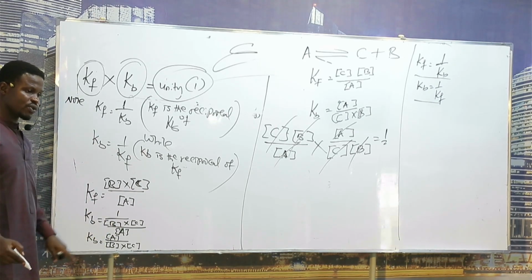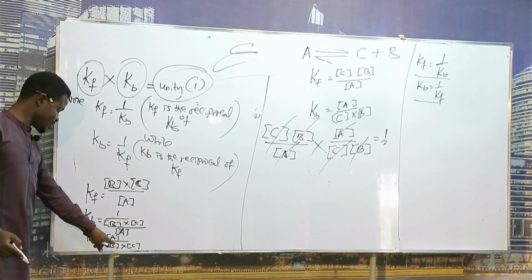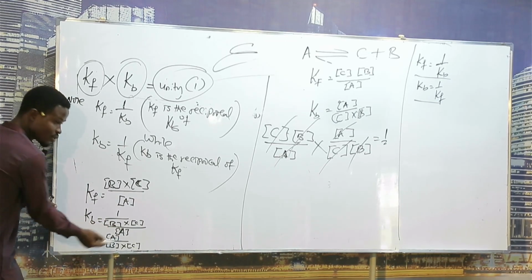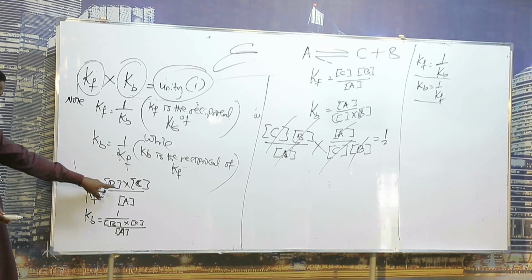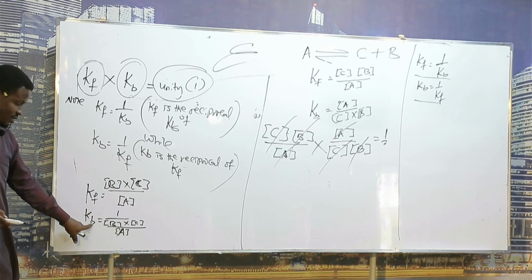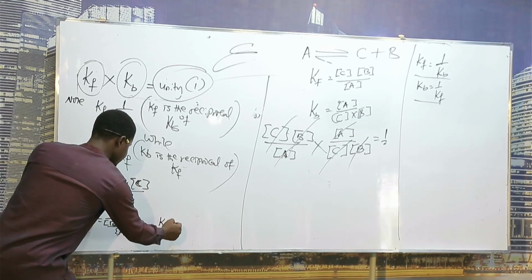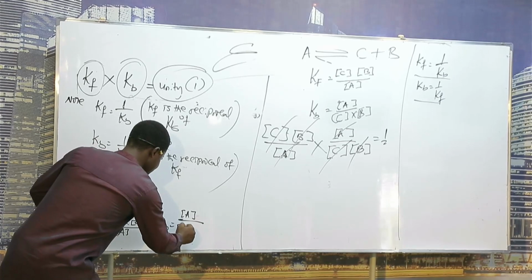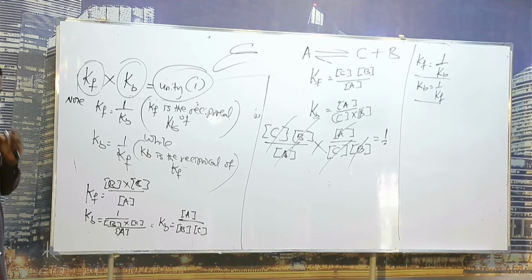Once you add one on top, it changes to KB. So once you add one, this one goes up and this one comes down. This KB is not KF. KF is this normally, then 1 over this changes to KB. And if you express it normally, KB will now be A over B times C. Just a small thing you alter in KF, you get KB.